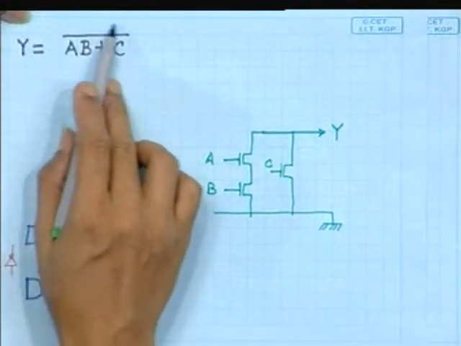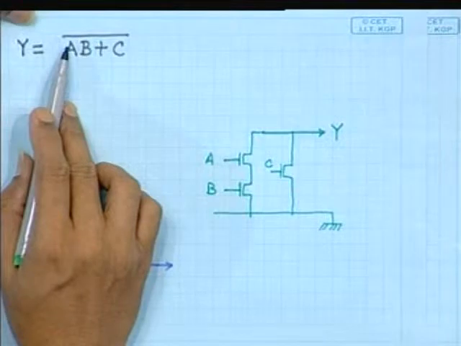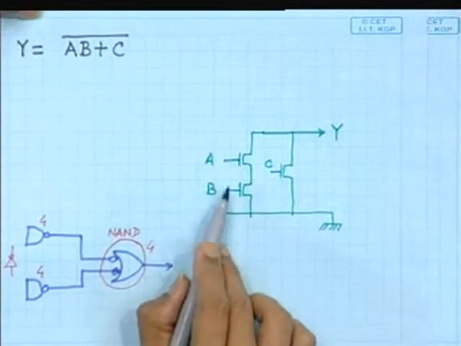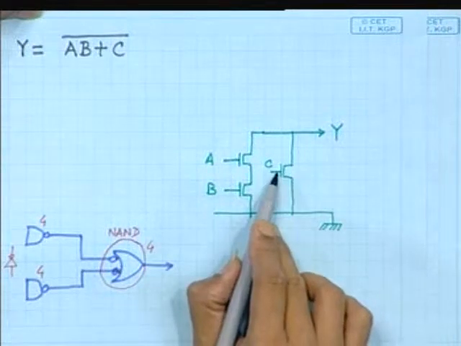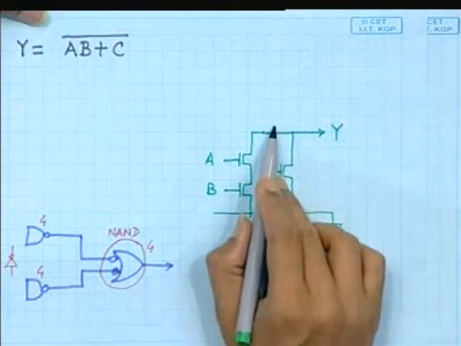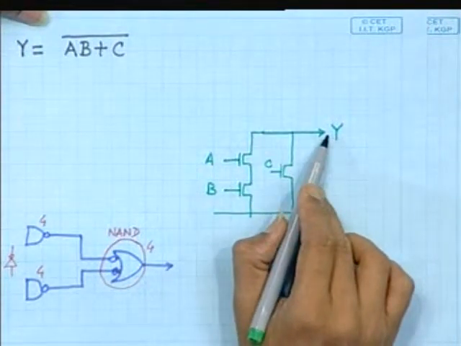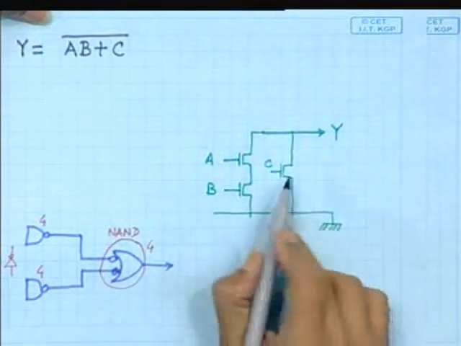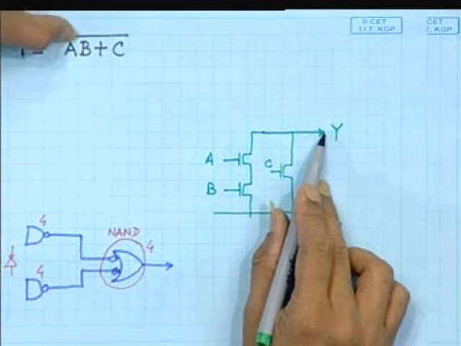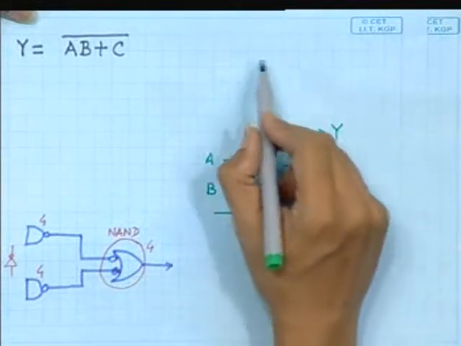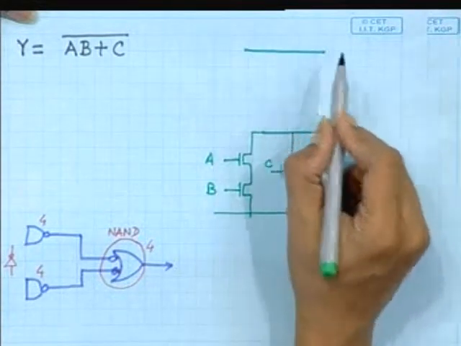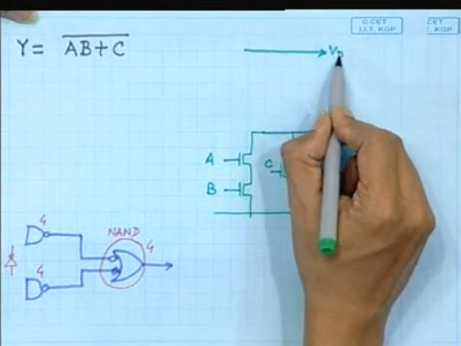But under all other conditions, suppose A and B are neither both high nor is C high, at that time the output should be high, it should not be low. If we just keep it like this, then what will happen? If this is not satisfied, the output will become floating, which is not desirable at all. So for all other combinations, the output should be tied to VDD.